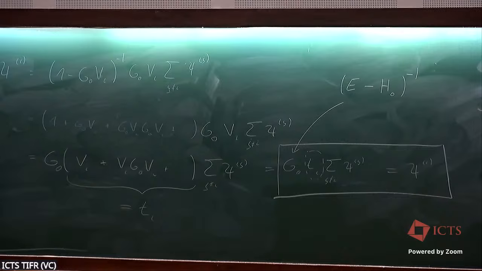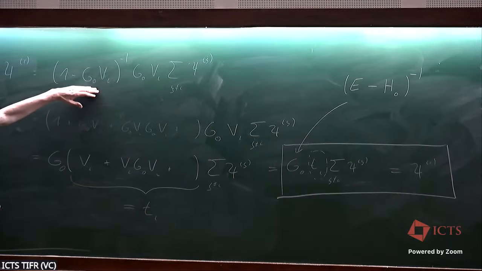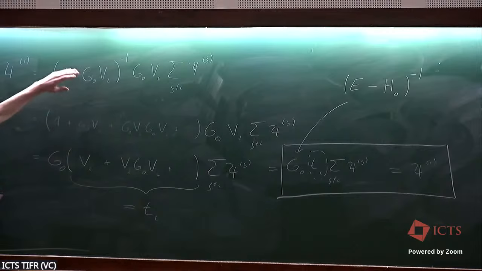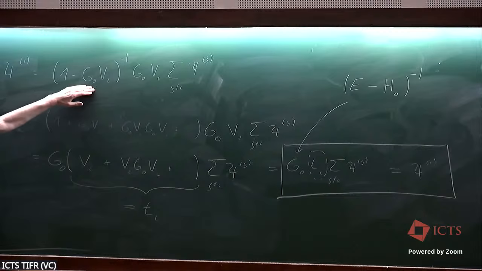Yeah. So formally I can write this down. Whether or not it converges is another question. But this is just an operator identity at the moment. It's not yet numbers. Those are just operators.